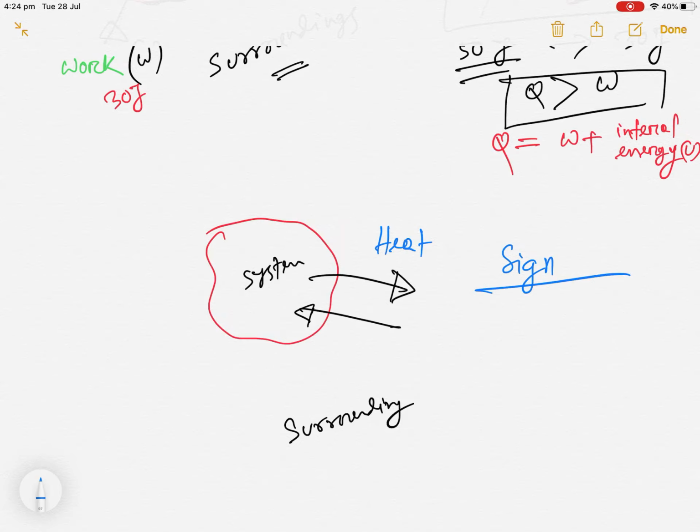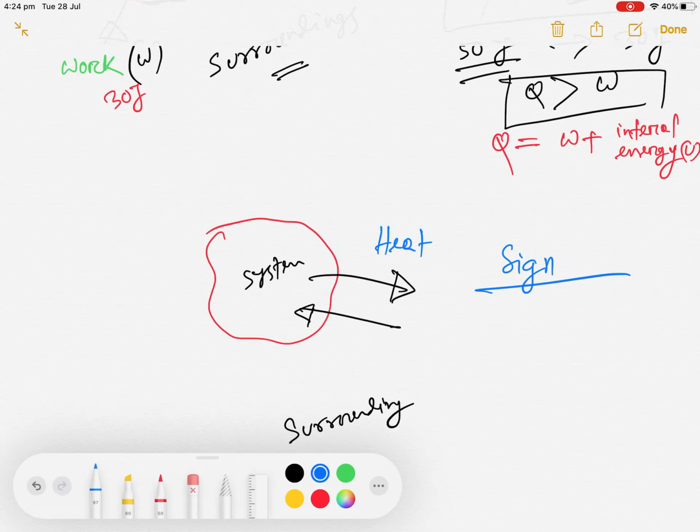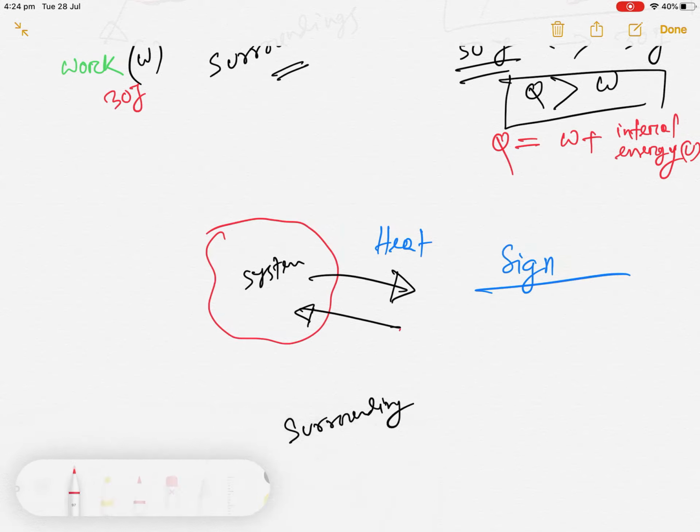Look, when the energy or heat is going from surrounding to the system, that means your system will gain more energy. So when the surroundings is providing energy to the system, that means system is getting more energy. This is positive because your system will get more energy.